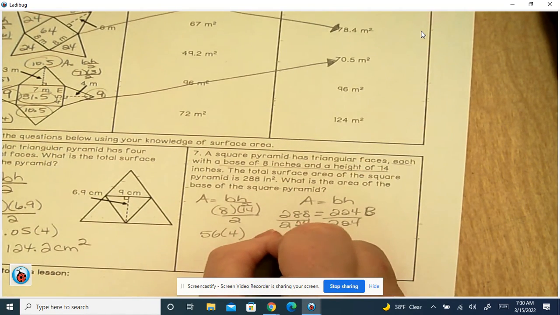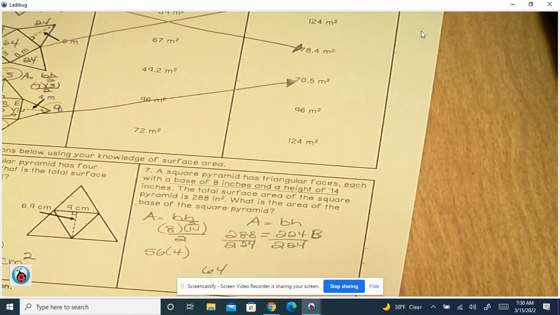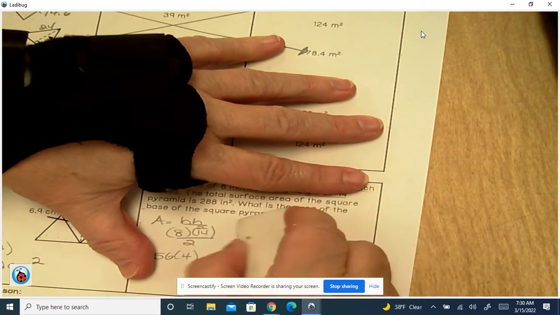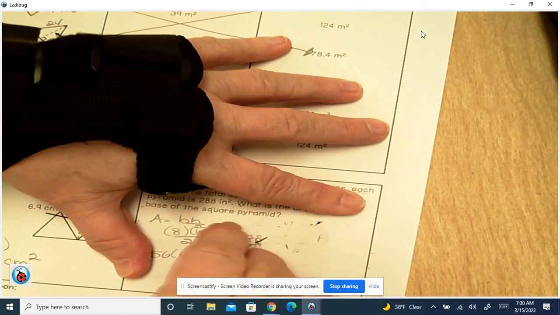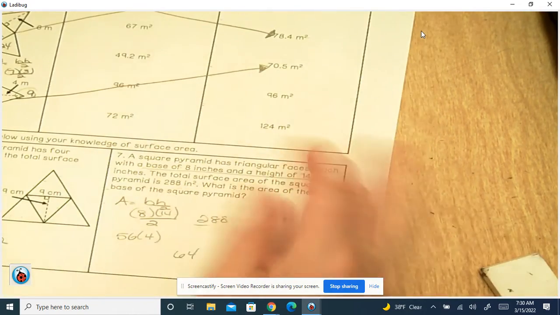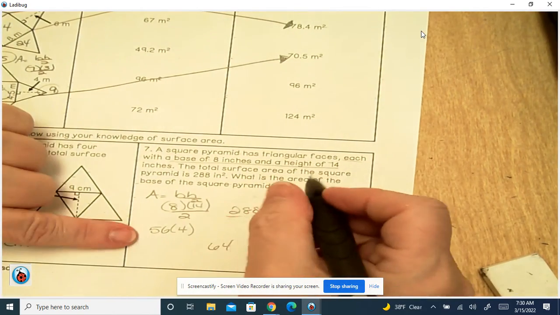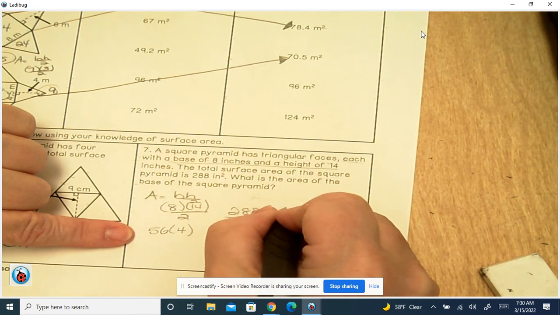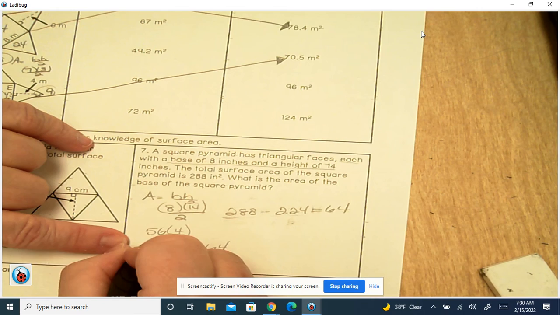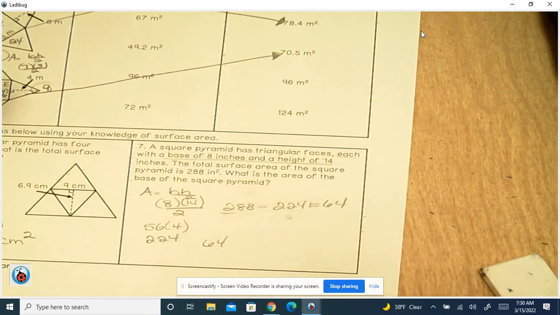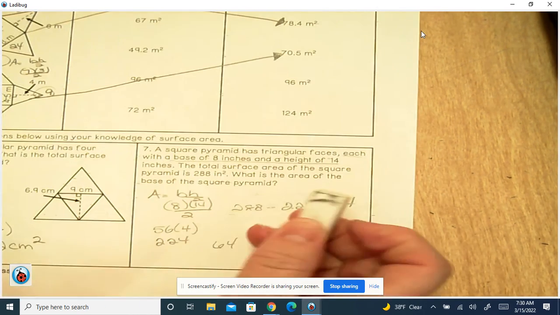Let me change that here for you guys. Don't do it like this. 288, and then we want to know what's left. So let me fix it. So the total is 288. This piece right here is 224, and that leaves 64. If you have any questions, ask.